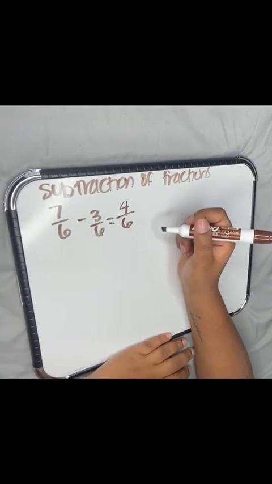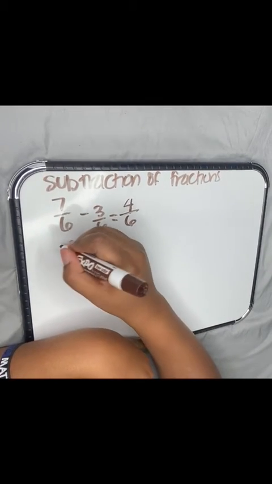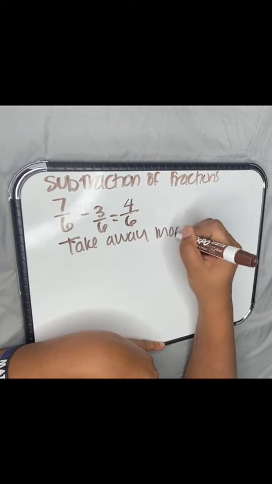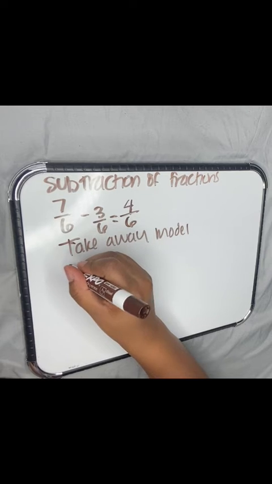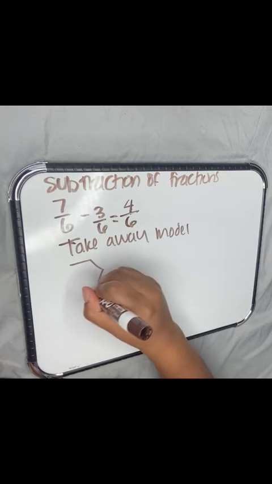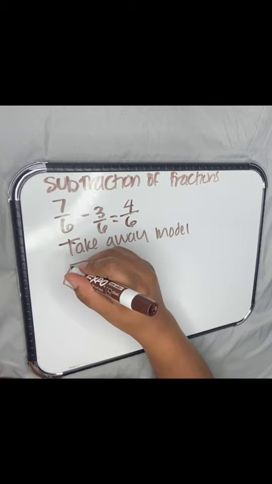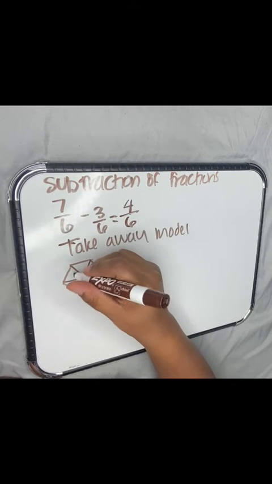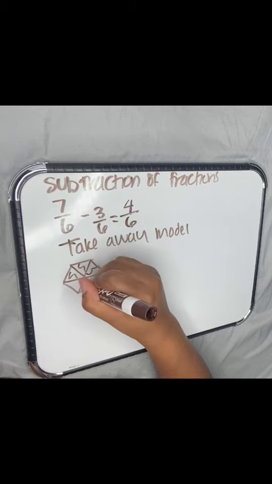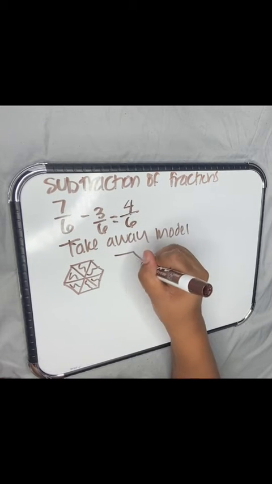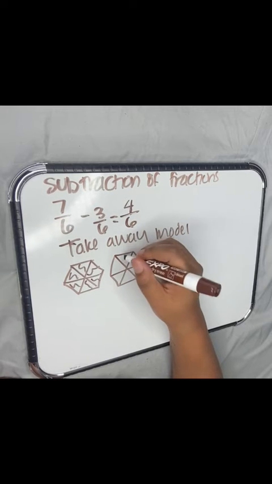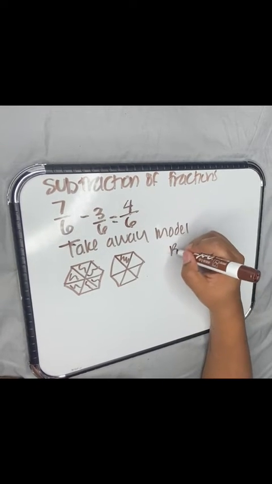So the first model that we'll talk about is the takeaway model. In this model, we will begin with 7/6. So all of these will be shaded in because that is 6. And then we'll draw out another one, and just shade in 1 to make that 7/6.